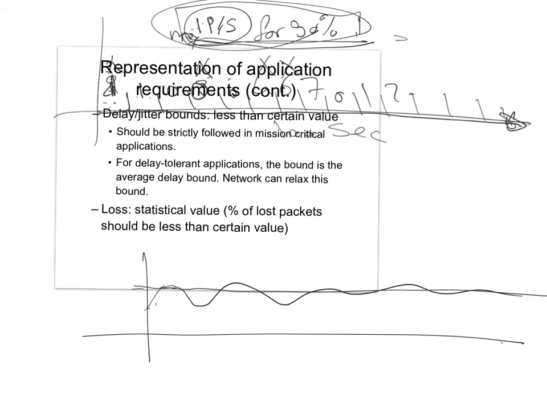Just the fact that you have packet drops higher than this doesn't necessarily mean that you are violating, because here we're talking about a statistical bound. So we need to calculate this, and this, and this, and this. Okay? So you calculate the duration of all these times. If these times constitute more than 10% of the time horizon, then and only then you are in violation.